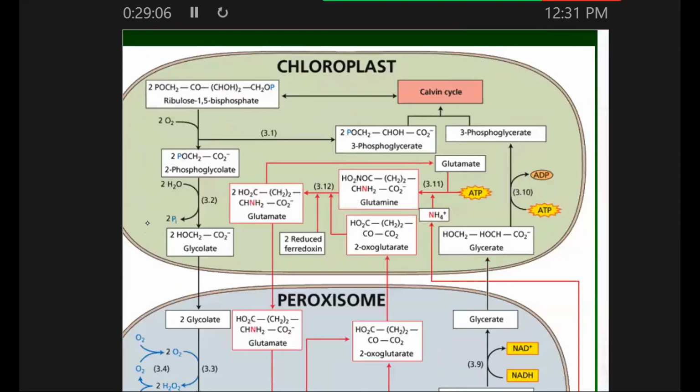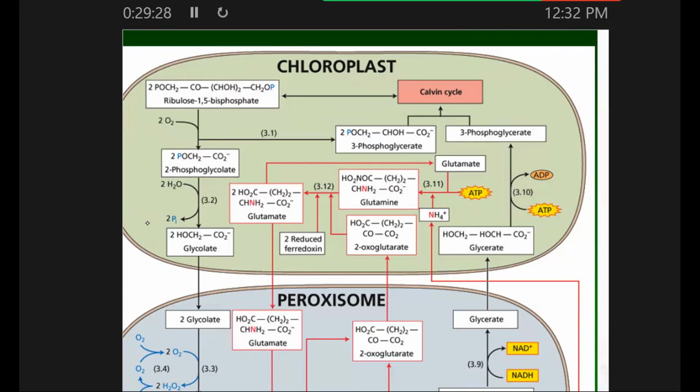So over to the left, in the upper left there, you see the ribulose 1,5-bisphosphate and oxygen reacting. So that's where Rubisco is. And you see one of the products is phosphoglycerate off to the right. And then I'm saying, yep, that can go right into the Calvin cycle.